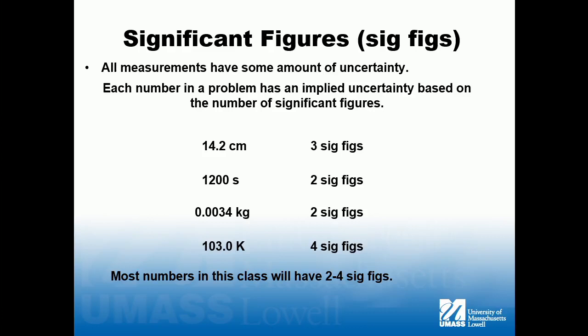So, for example, the second one over there, 1200 seconds. Depending on what you measure, those last 2 zeros are essentially placeholders. They're just telling you that the actual measurement is somewhere between 1100 and 1300 seconds.